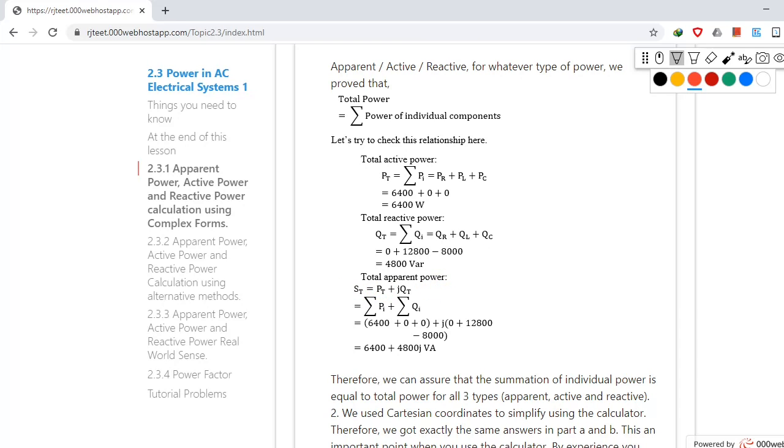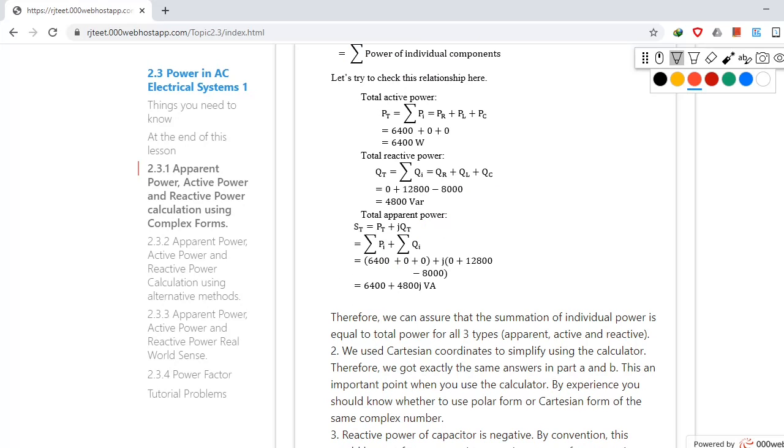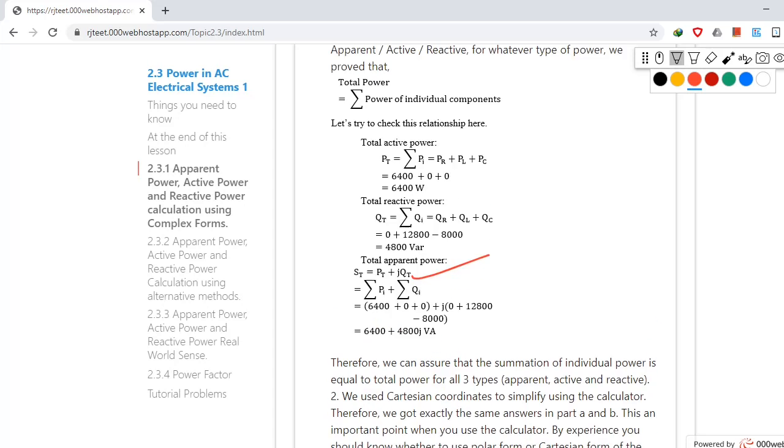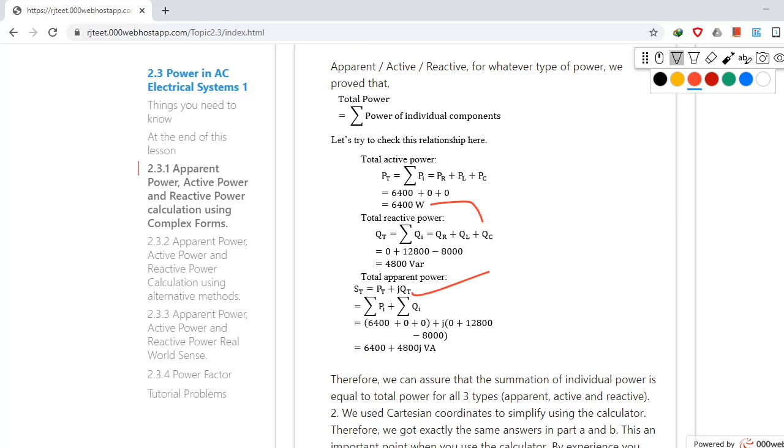So that relationship is going to be true for this case as well. So we can prove that the relationship is true by taking this value here and this value here. So then we get the total apparent power.